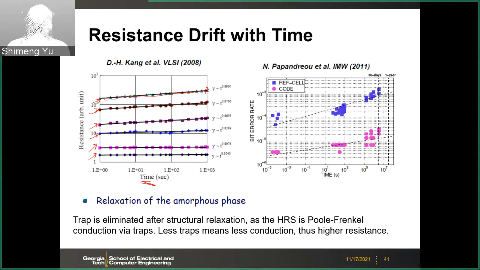This is more obvious for the higher resistance region, which is the amorphous state. So typically the fitting is like this: resistance is a function of initial resistance multiplied by time with some coefficient in the polynomial formula.